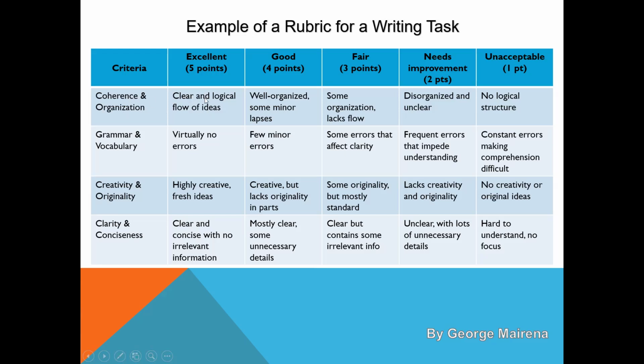When the student has a clear and logical flow of ideas. It is good when it is well organized, with some minor lapses. It is fair when there is some organization but it lacks flow and needs improvement. Poor is disorganized and unclear, and unacceptable is no logical structure.